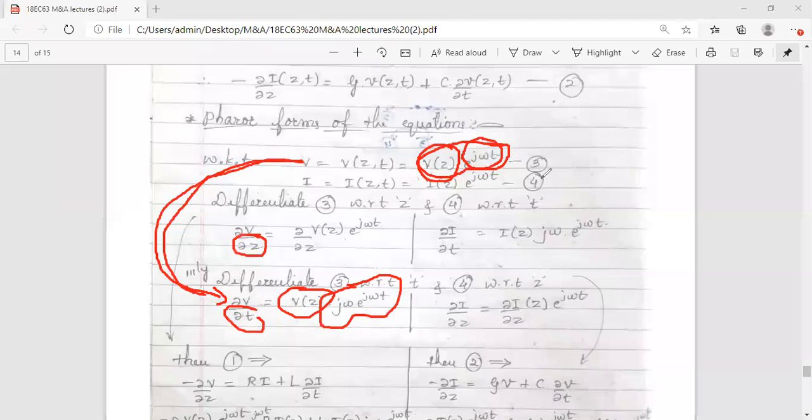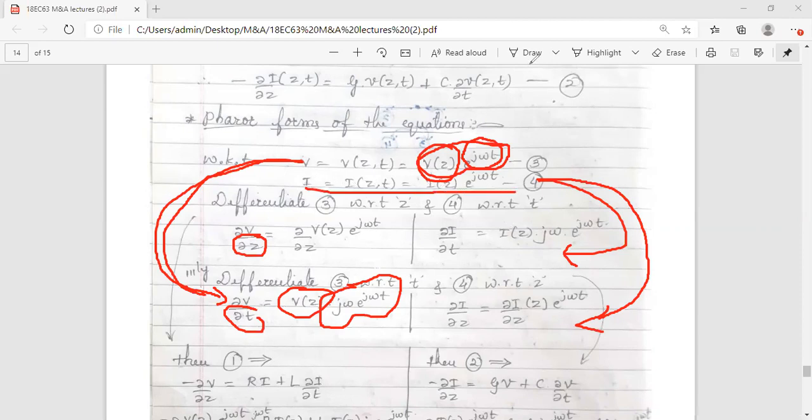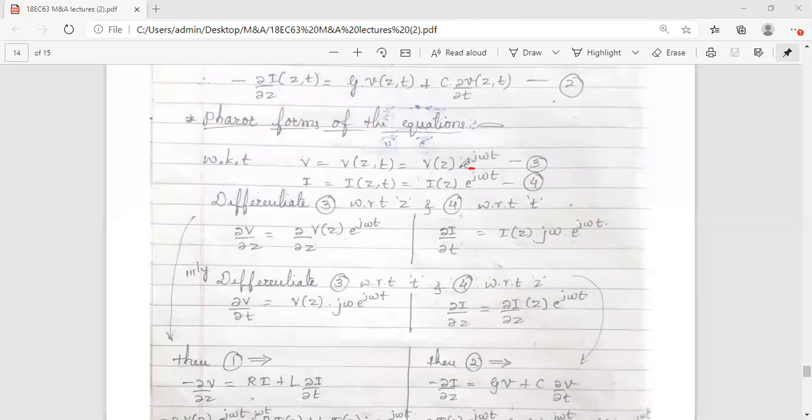Similarly, I will do it for equation 4. For equation 4, one time I will differentiate with respect to Z, one time with respect to T. If I differentiate with respect to T, check, it has got two terms again. One is I of Z, one is e raised to j omega t.